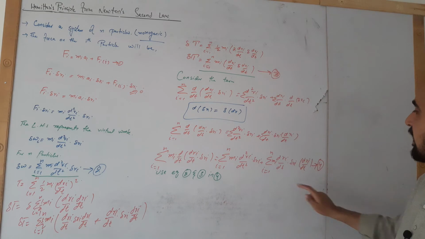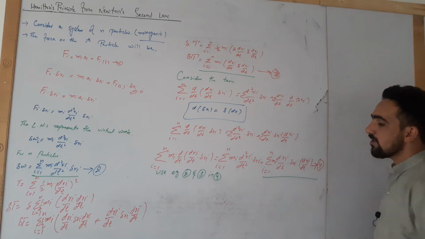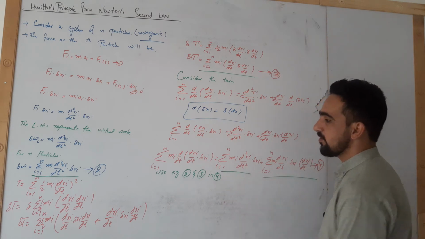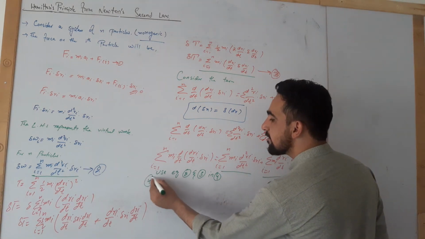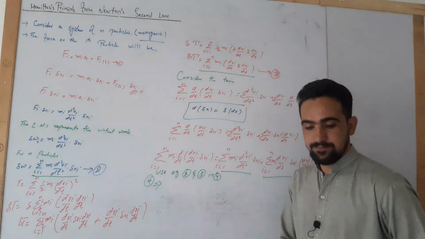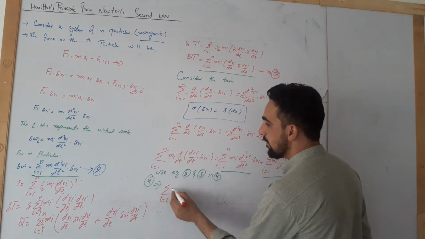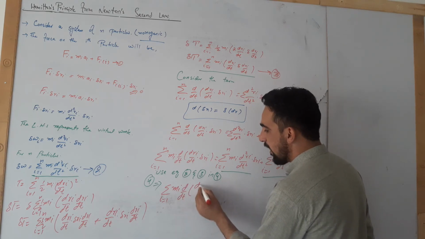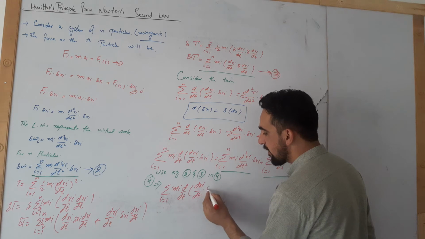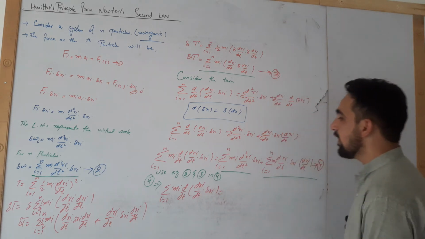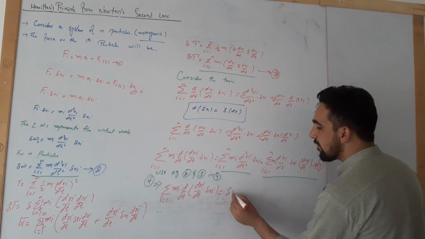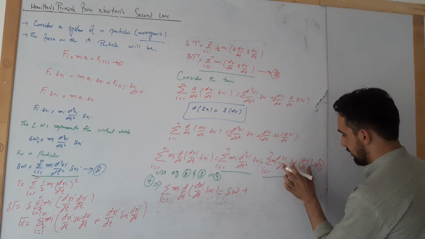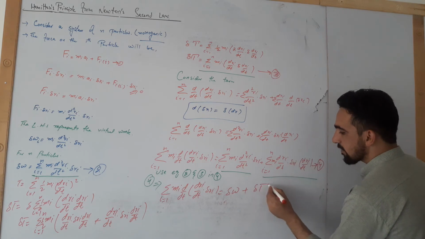This value is present here, so it could be replaced by delta W, and this could be replaced by delta T. So equation 4 will imply that summation i is equal to 1 up to n Mi d by dt of dRi over dt dot del Ri is equal to delta W, the virtual work, plus delta T, the kinetic energy term.